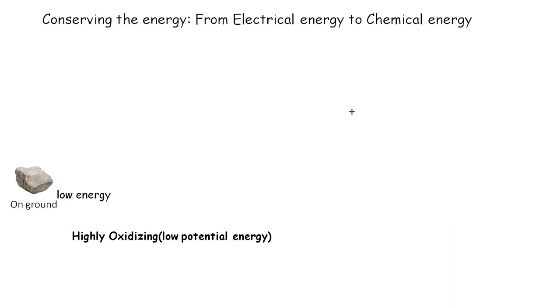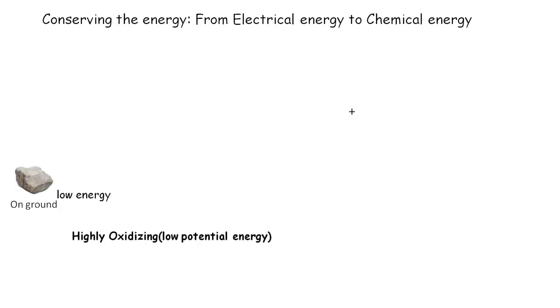Scientist Robert Hill has given the best model, called the Z scheme, to describe the process. It gives the best explanation of how a low energy substance can be converted to a high energy substance. It is like moving a stone from ground level to high altitude, thereby increasing potential energy.